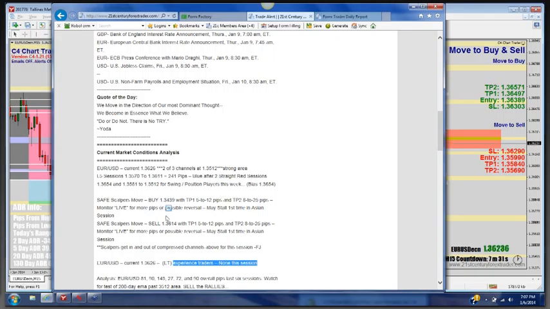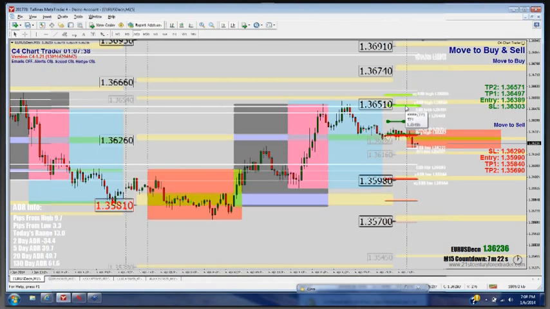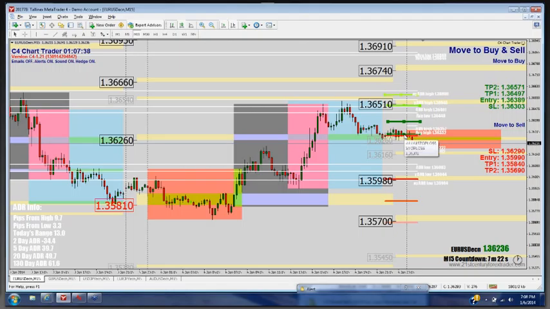These scalper's trades are usually momentum type trades. So if price gets to this level, we're expecting some momentum to carry it through. So what we don't want to do is risk 30 pips to make 5 or 8 pips. So if we're going to have our take profit 1 at 8 pips or so, then we'll keep our stop loss at about 8 to 9 pips as well.